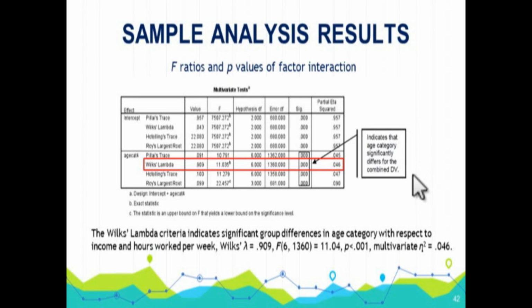For our second step, we're going to look at the F ratios and p-values of factor interaction. Here we look specifically at the Wilks' lambda data, and it shows that the p-value is 0.00. So it indicates that age category significantly differs on the combined DV, which indicates group differences in age category with respect to income and hours worked per week.